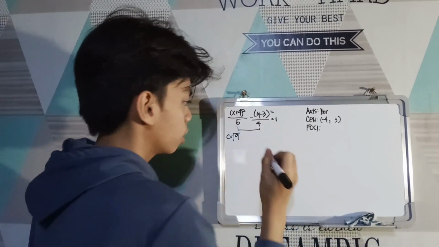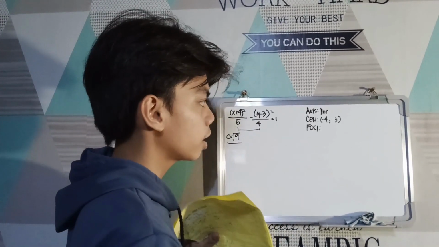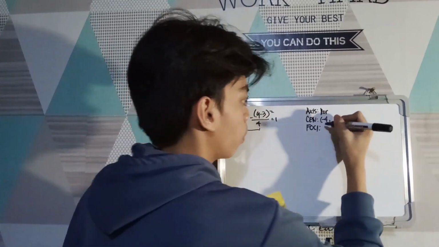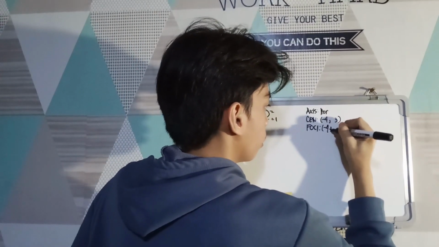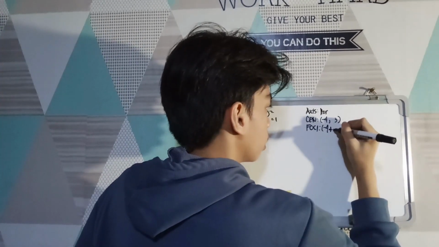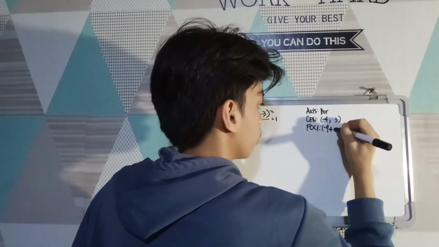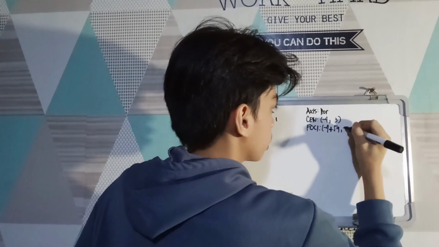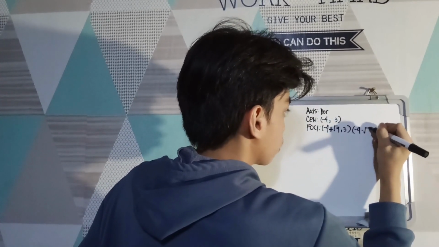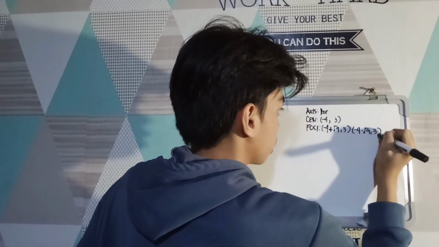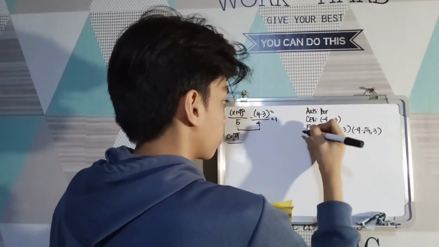Then, square root. So, yung value ng c is square root of 9. So, add natin sa h. Negative 4 plus square root of 9 equals 3. Then, negative 4 minus square root of 9 equals 3, comma 3.